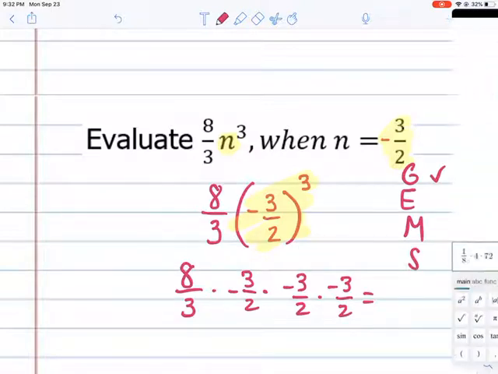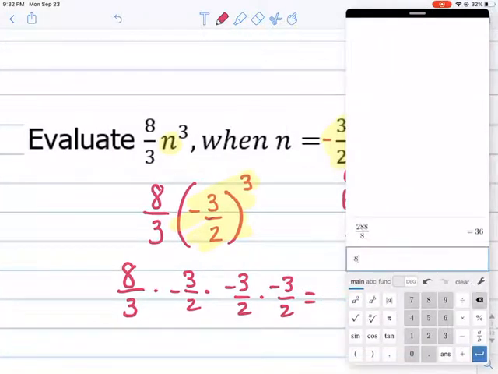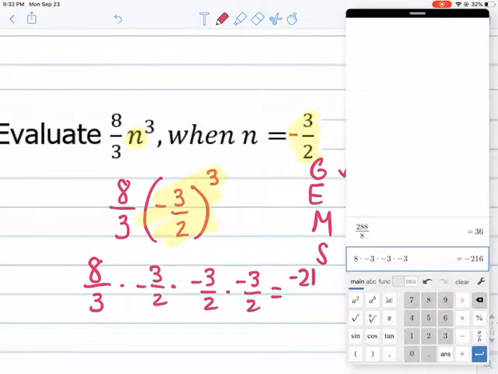So if I multiply all the numerators together, and you can even include the negative with it, 8 times negative 3 times negative 3 times negative 3, which is negative 216, divided by 3 times 2, which is 6, 6 times 2, which is 12, 12 times 2, which is 24.